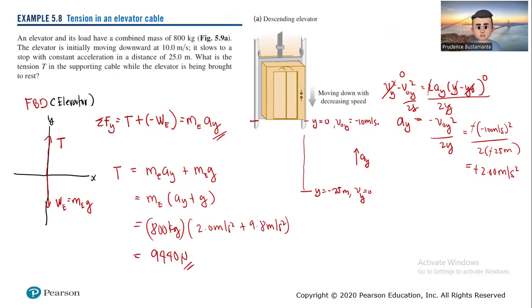That is the Newton's second law of motion type of problem. Most of the time it involves motion with constant acceleration, the kinematics equations. So you'd better study this one.